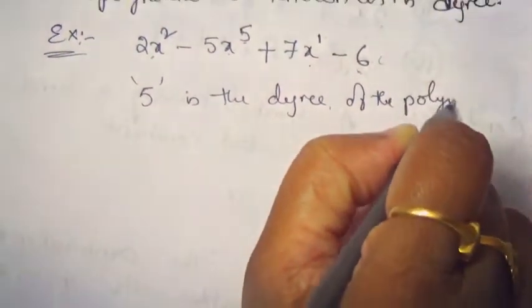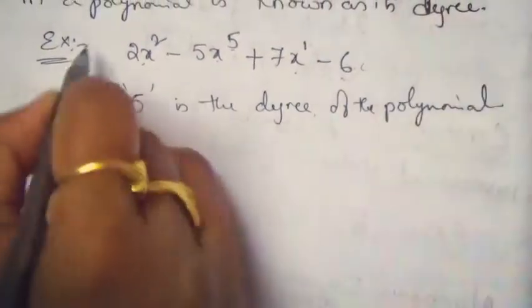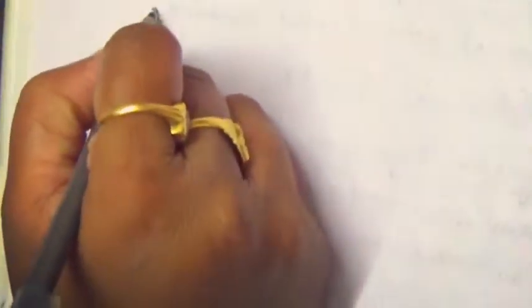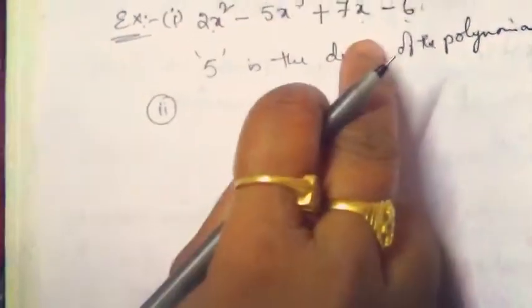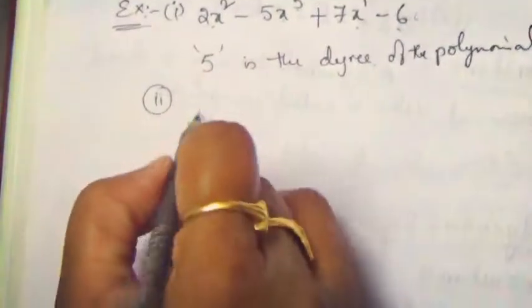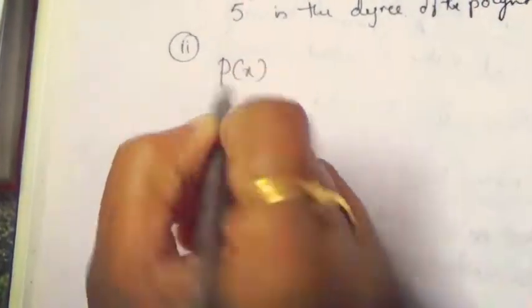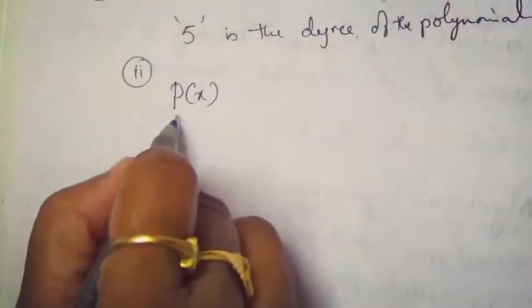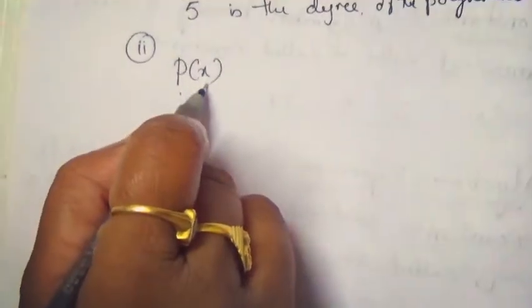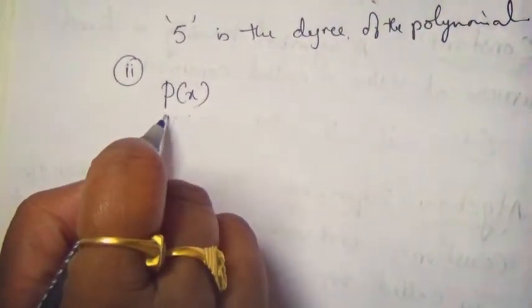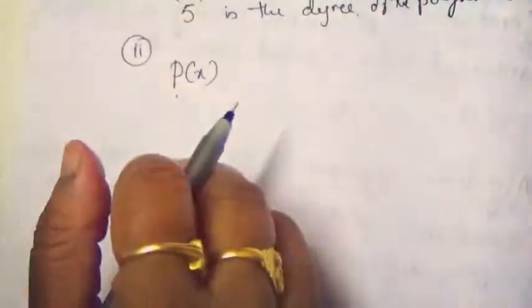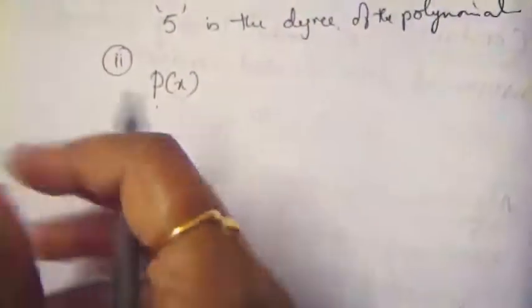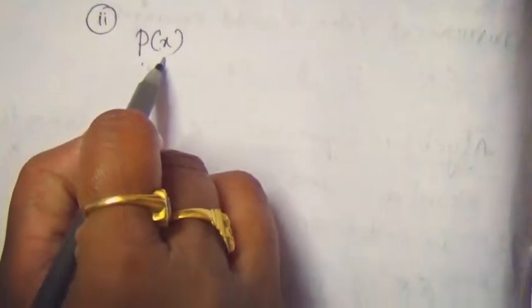Degree of the polynomial. It is one example, right? So I am giving here one more example. It is a polynomial. We can express this polynomial as p of x. P of x means we are expressing the algebraic expression by using this variable x.